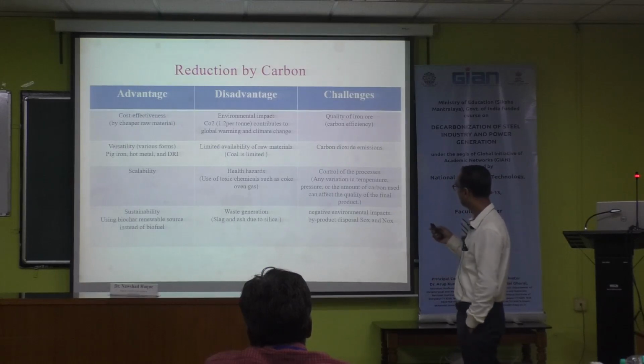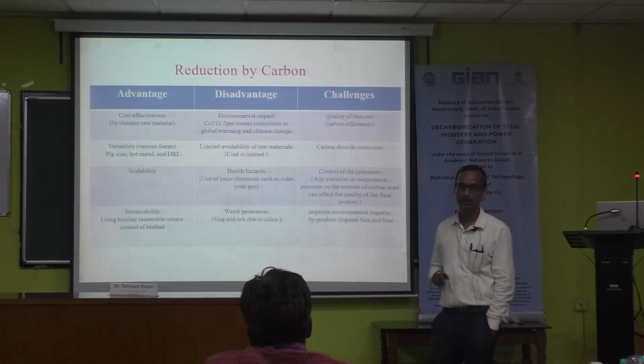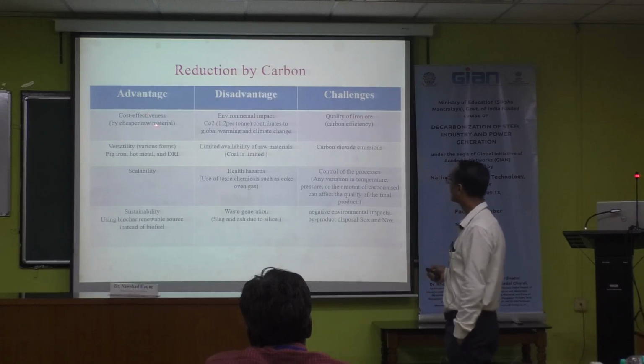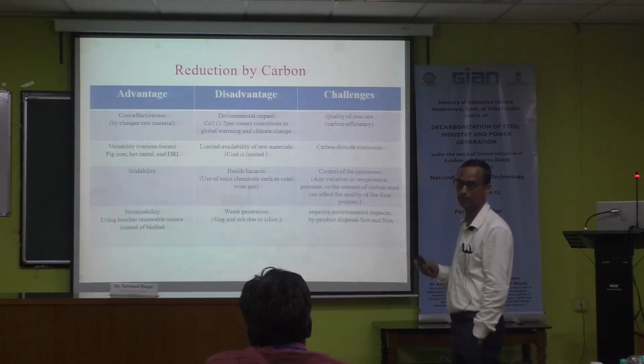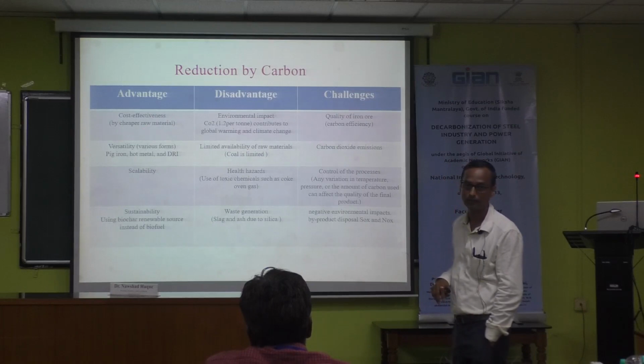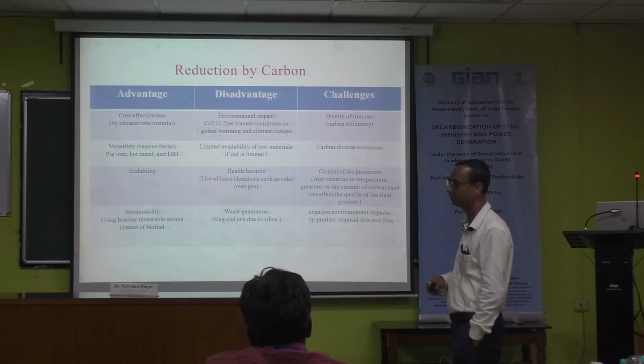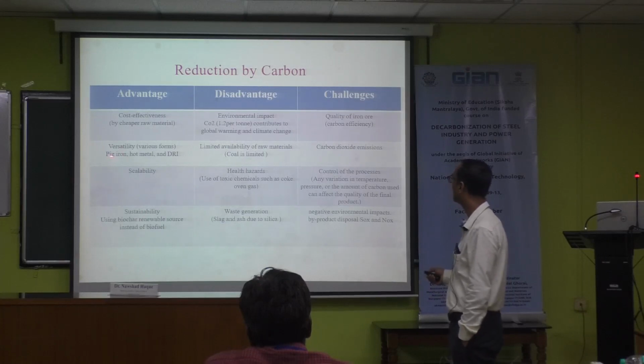So before going deep, what are the advantages, disadvantages and challenges when we use carbon and when we use hydrogen? It is cost effectiveness, because this is the cost effective one. Versatility: you can use it to produce pig iron, not only metal in DRI form.